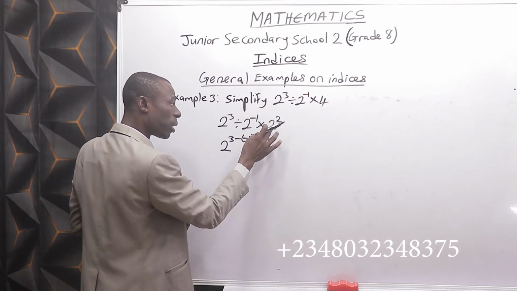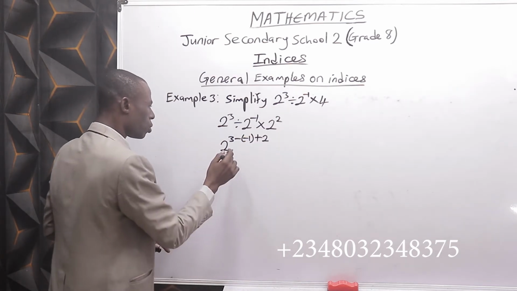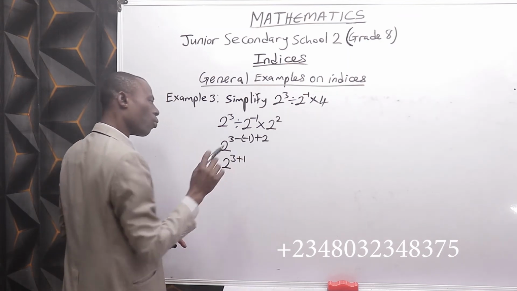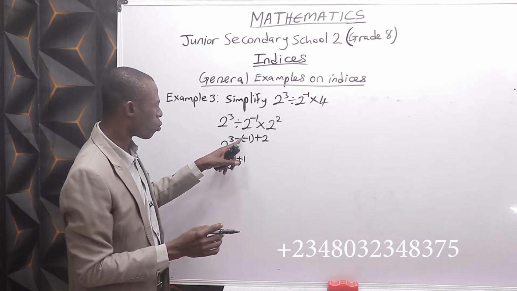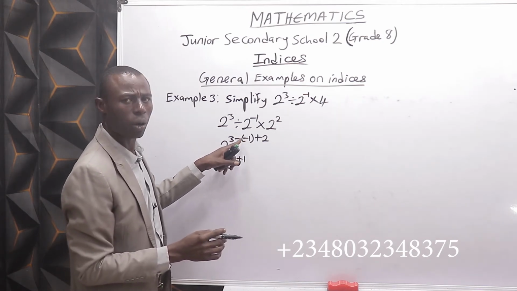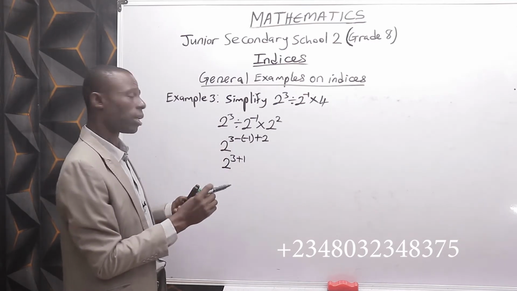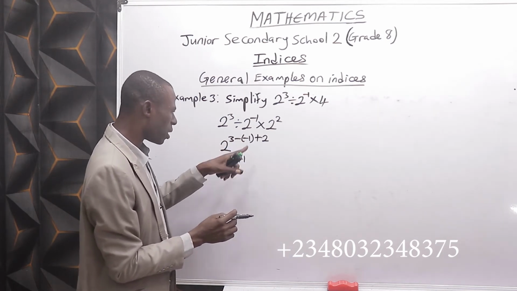The 2 we pick is not the 2 down, it's the 2 up, the power. So we have 2 raised to power 3 plus 1. Why plus 1? Minus times minus is plus, because two signs following each other closely without any figure or letter in between, the two signs will multiply each other. So minus times minus, as in negative times negative, is positive.